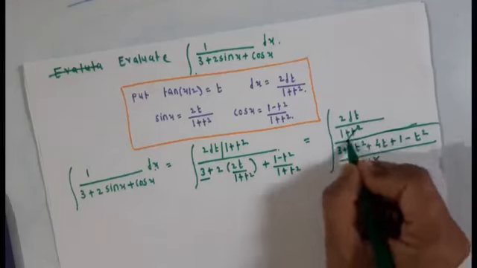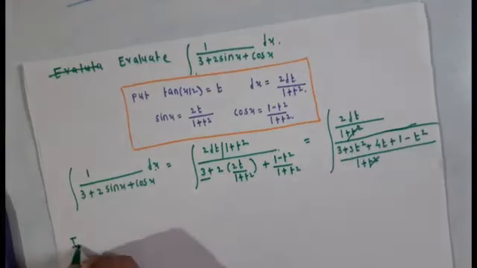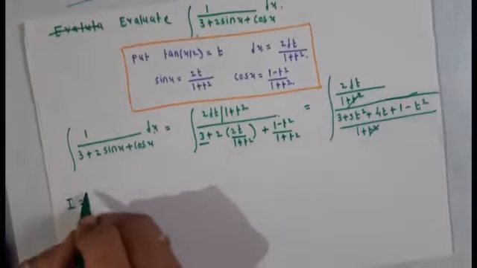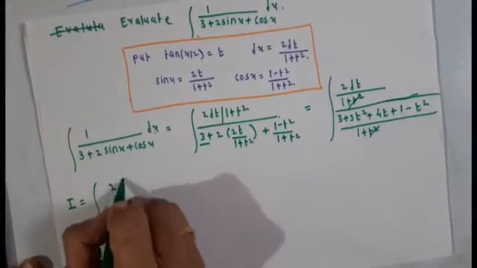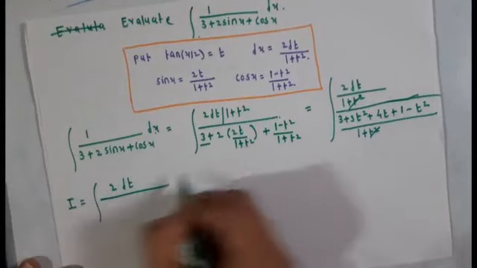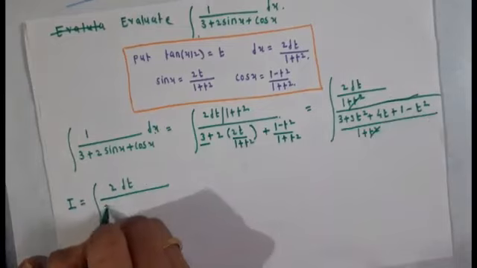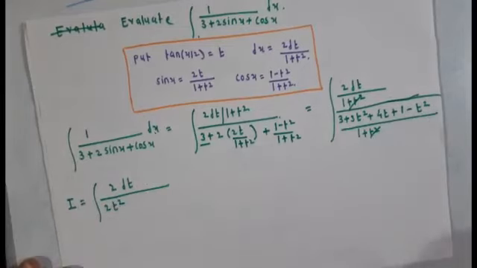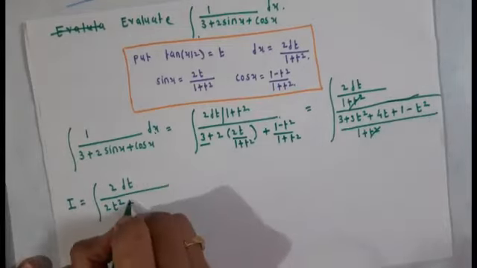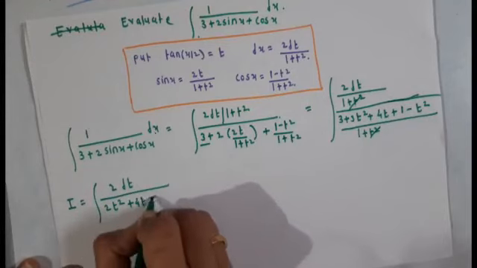So that gets cancelled, and now we have the integration, that is I, 2 dt upon 3t square minus t square, that is 2t square, plus 4t and plus 4.